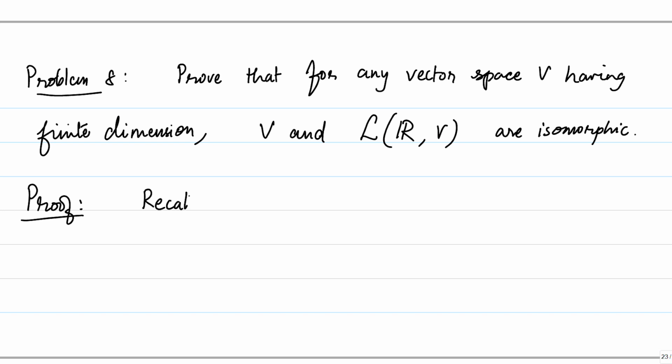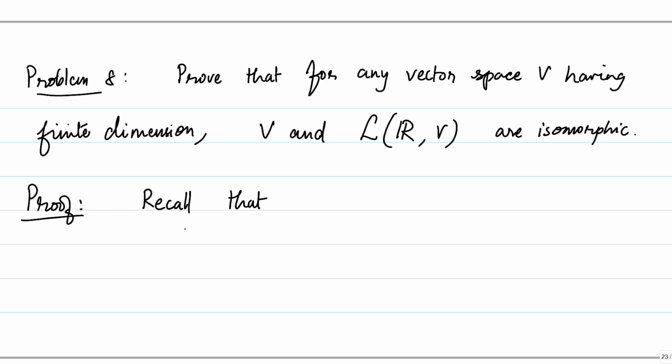Recall that L of R comma V, which is the vector space of all linear transformations from R to V, is isomorphic to the vector space of M cross N matrices, and therefore L of V comma W has dimension equal to dimension of V times dimension of W.